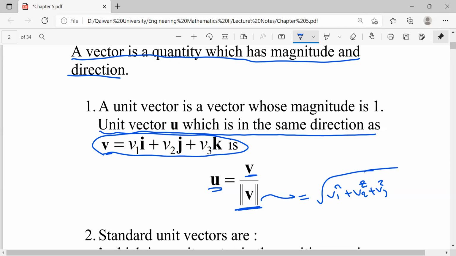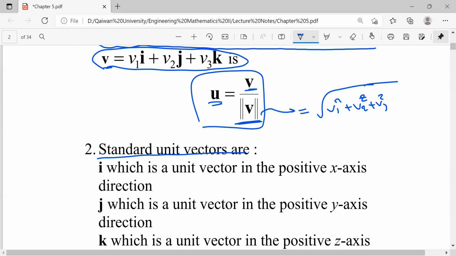We divide each component of v by its magnitude, and we get the unit vector. A unit vector can be obtained from a given vector by dividing the vector by its magnitude.